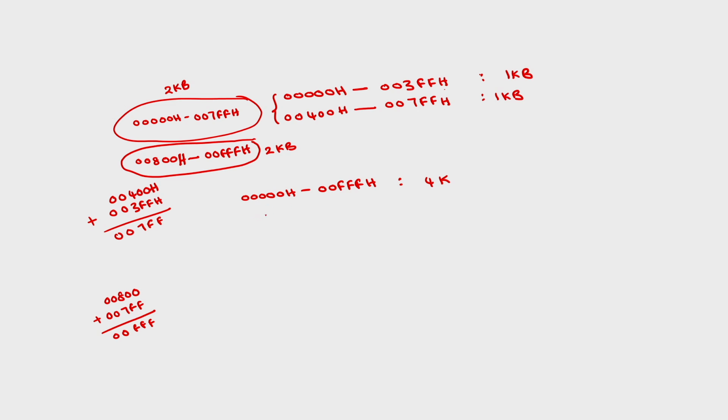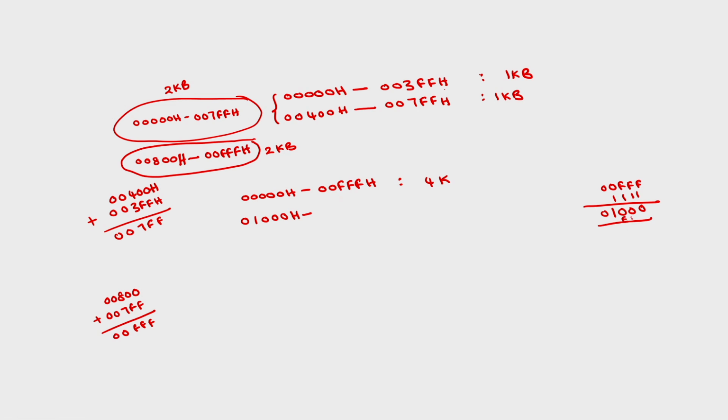Another 4K starts at 01000H. If I add 1 to 00FFFH to get the next address, F plus 1 is 10, F plus 1 is 10, F plus 1 is 10. So this will be 01000H. And to get the ending address for the 4K, you have to simply add FFF.